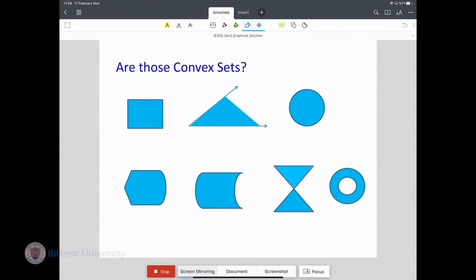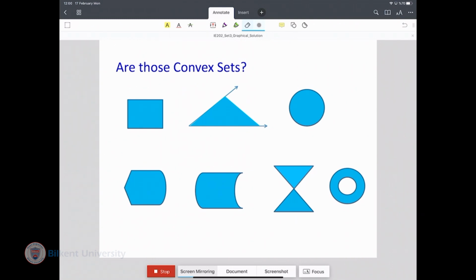Second one, the triangle opening up. Is it convex? Yes. Circle? Yes. The one here, is it convex? You pick 2 points, are you always in the set? Try to be out, you cannot.